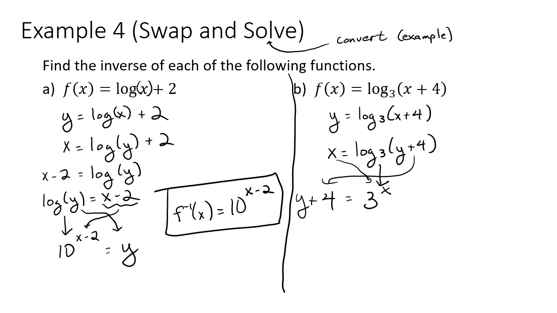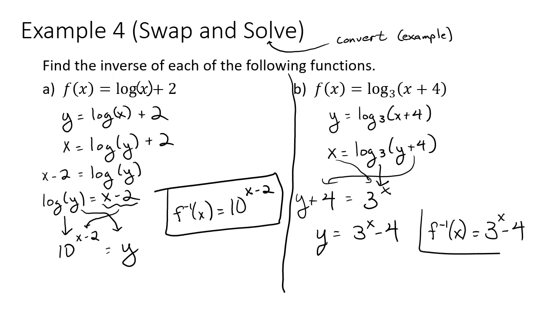We're not quite done. We do need to finish solving for y, which is really easy at this point because we just subtract 4 from both sides. And so we get y is equal to 3 to the x minus 4. So f inverse of x is 3 to the x power minus 4.